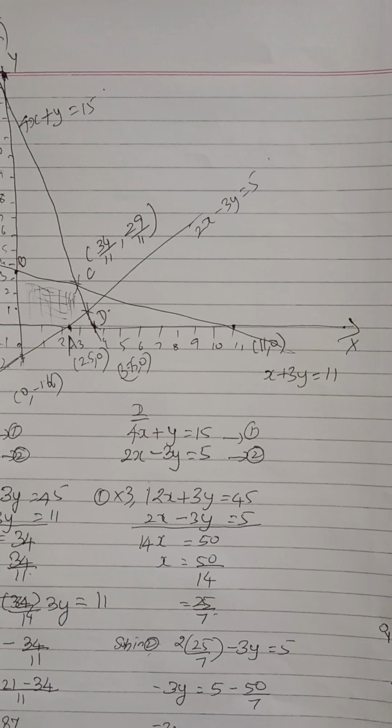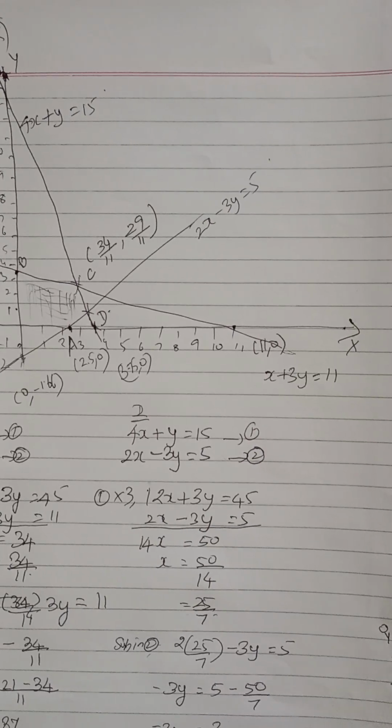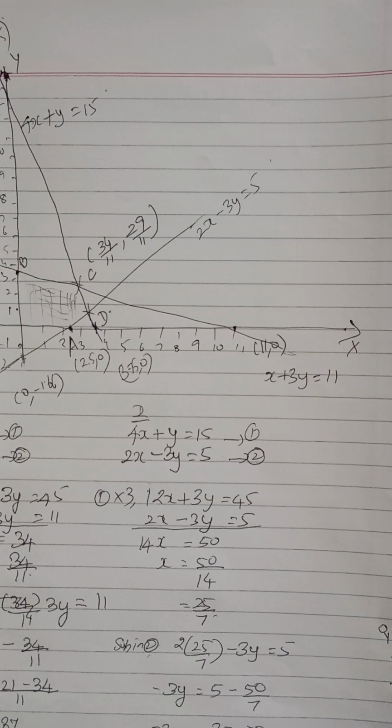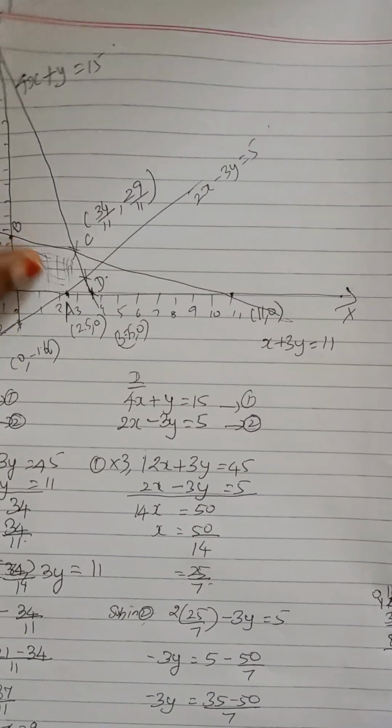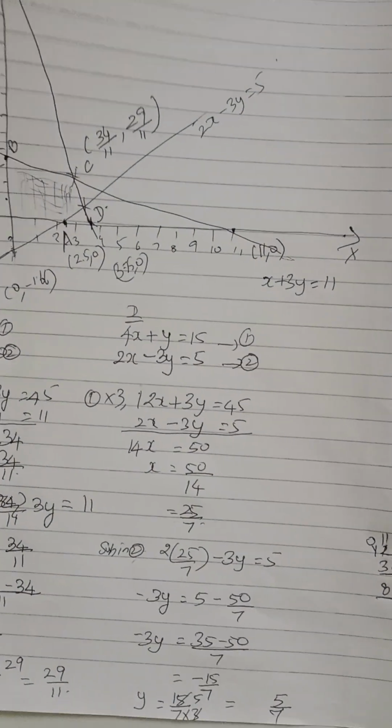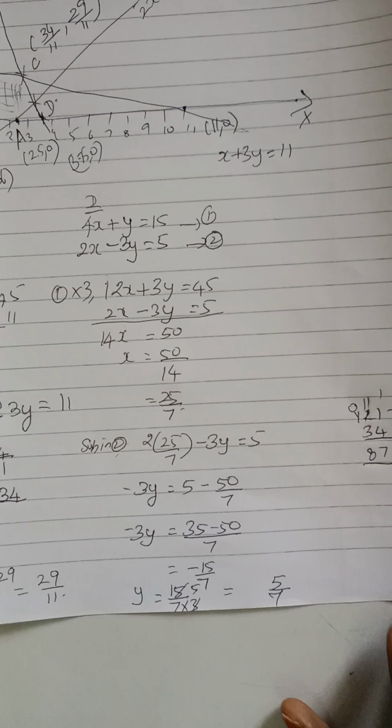So minus 3y equal to 35 minus 50 by 7, which is equal to minus 15 by 7. So the value of y would be 15 by 7 into 3, so this goes 5 times. So the value will be 5 by 7.